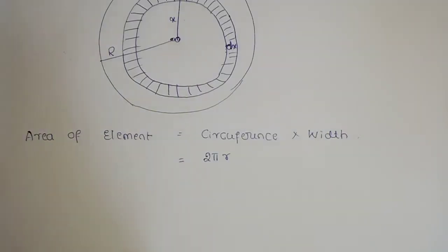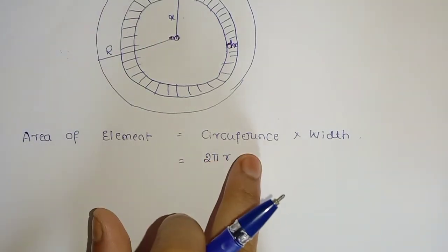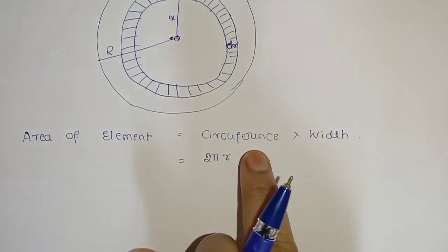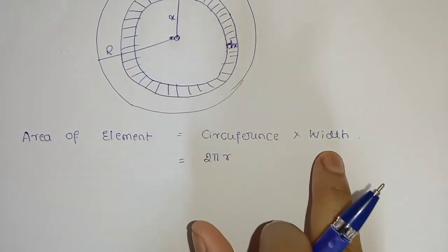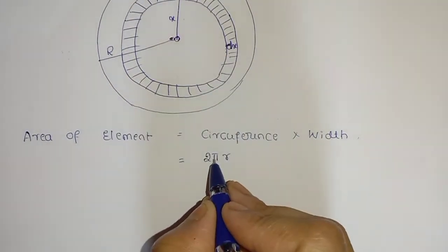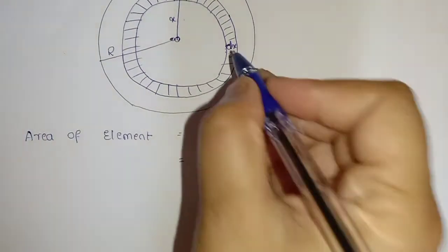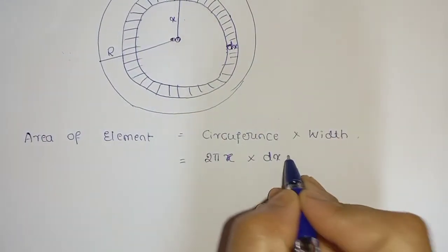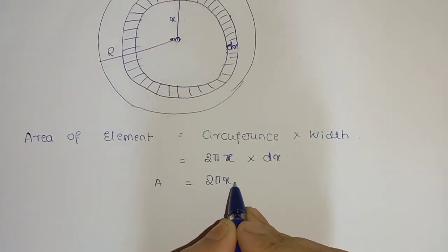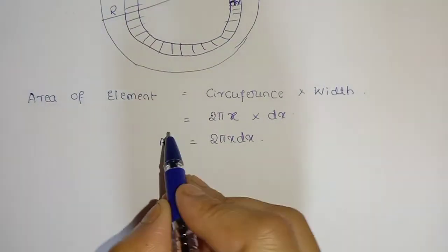But this is the area of an element, so area is the circumference of the element into the width of the element. What is the circumference of the element? 2 pi x, because its radius is x. What is its width? It is dx. Therefore, area is equal to 2 pi x dx. This is the area of the element.